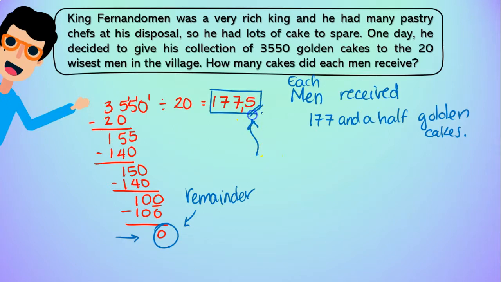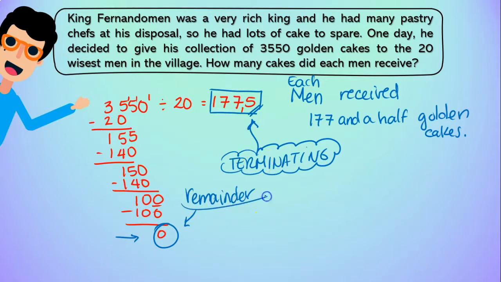And because that number is finite, it stops, we know that is a terminating decimal. So we have to take that into account. Whenever we divide two numbers and that number or that fraction give us a remainder of 0, that number or that decimal is going to be terminating.